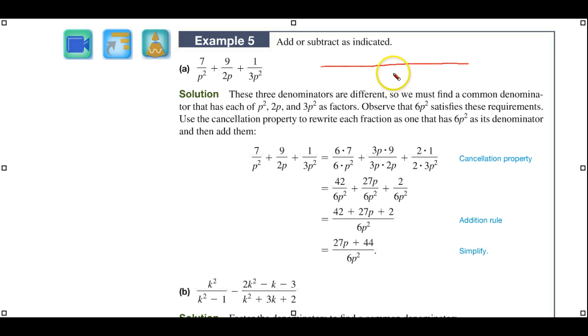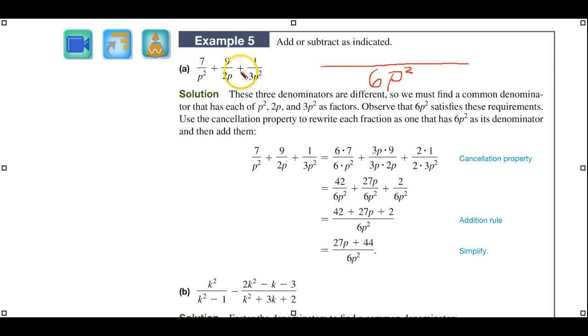Well, I'm going to need a p squared here, because for the letters, p squared is my common denominator. Now for the numbers, I have a 2 and a 3, so my common number part of our denominator is going to be a 6. So our common denominator is 6p squared.